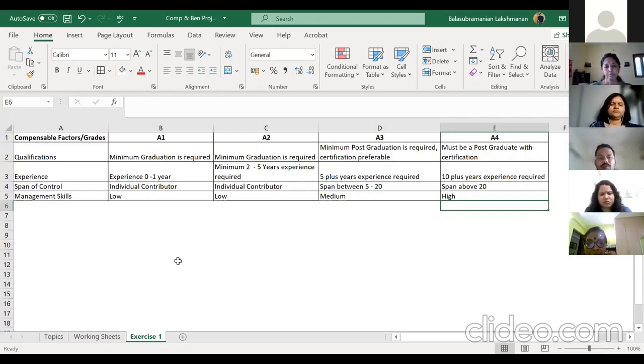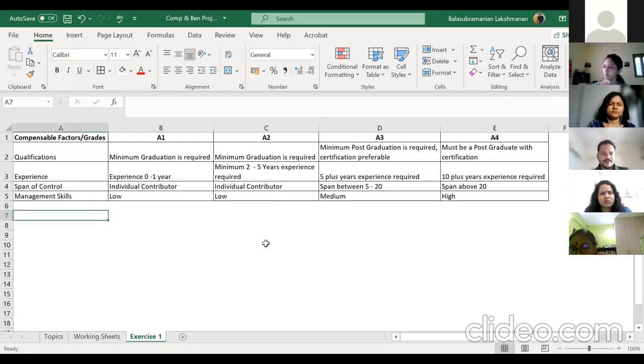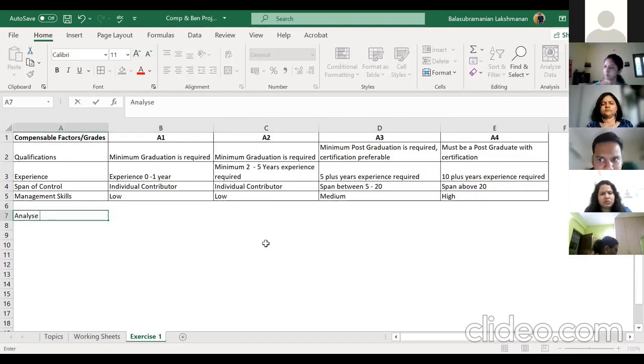Under A2, all the job titles which fit into that. When I'm saying title, that's the name of the job description, but go by the job description and fit them into the respective grade. Got it? So we want to get all the jobs that have been shared with us. Go job by job and start evaluating, and please map them into various grades.